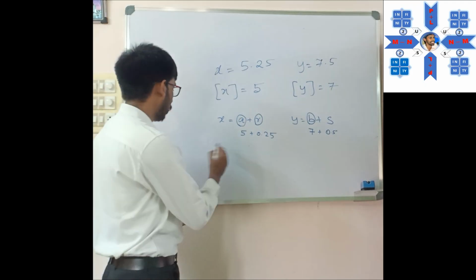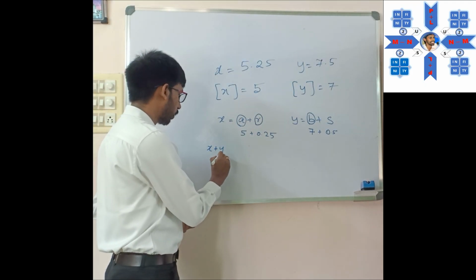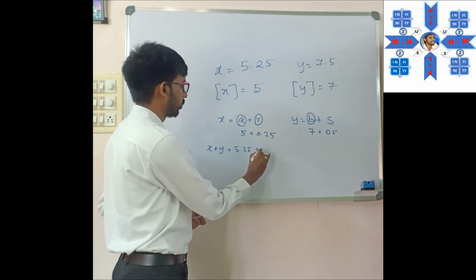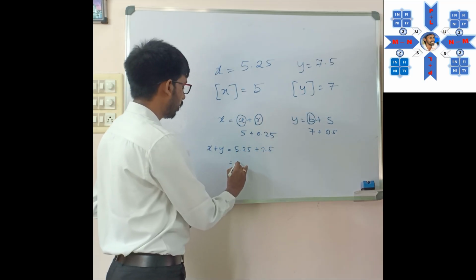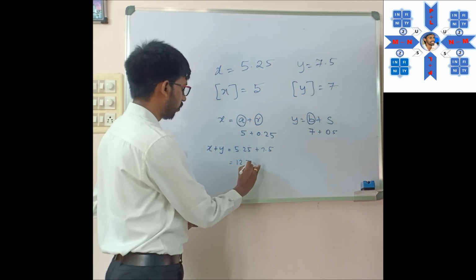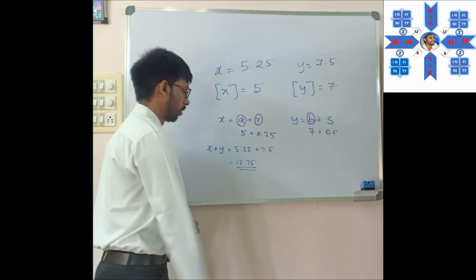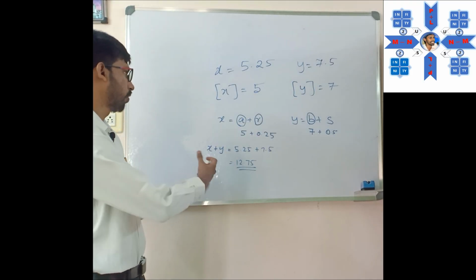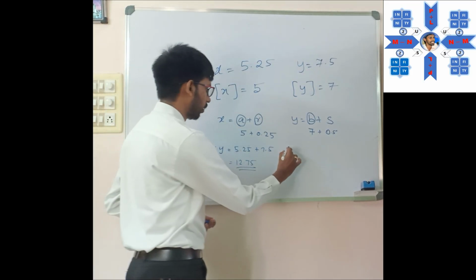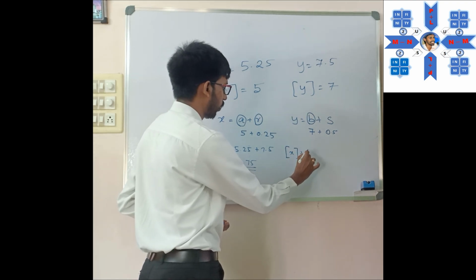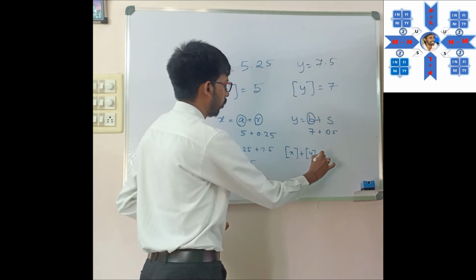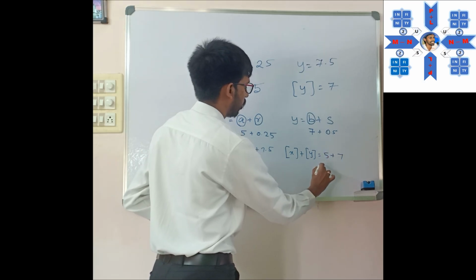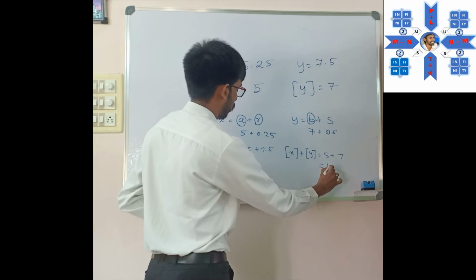In this case, when we add x plus y initially, normally we will have 5.25 plus 7.5, which will give me 12.75. Whereas if I add the greatest integer functions of x and y, then it will be 5 plus 7, that is 12.